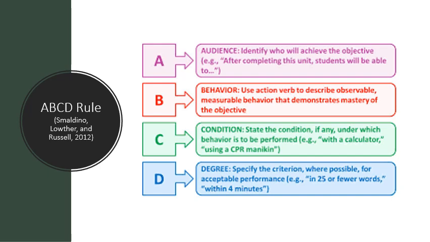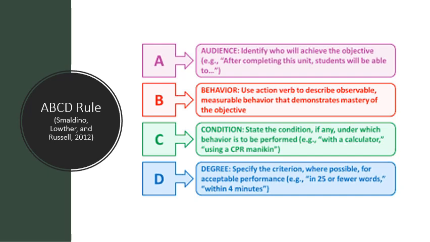Okay, now let's go to the D, which is degree. This is to answer how well, to what extent, within what time frame. Now this needs to specify the criterion where possible, for example, for acceptable performance. Example, in 25 or fewer words, within 4 minutes, within or after 30 minutes.